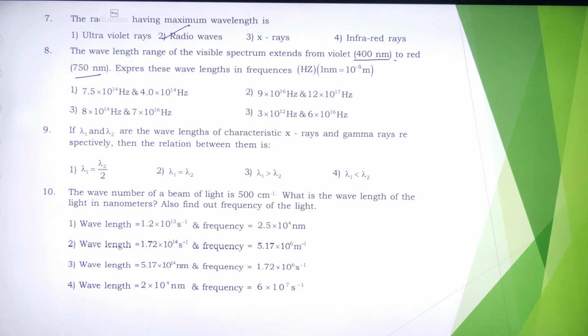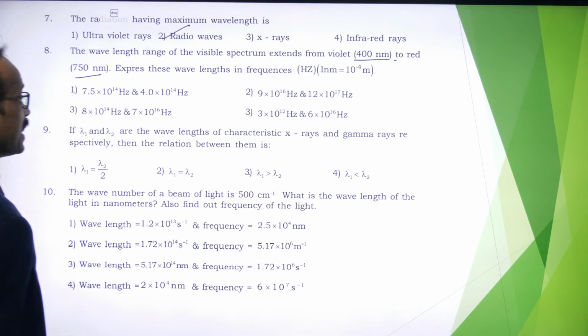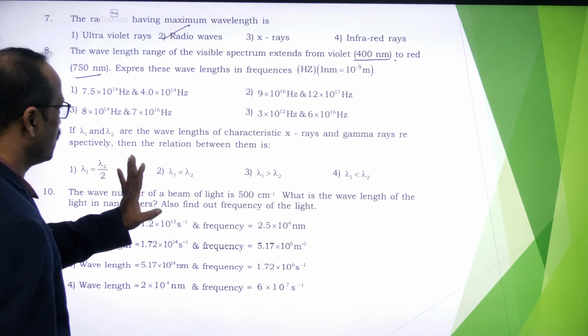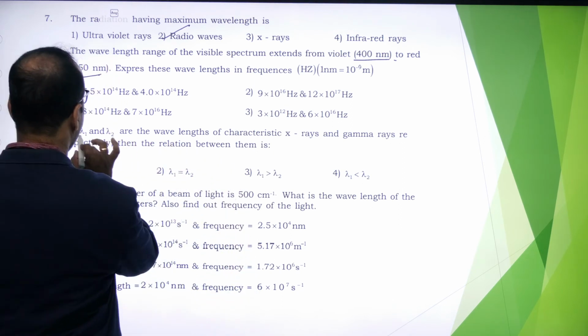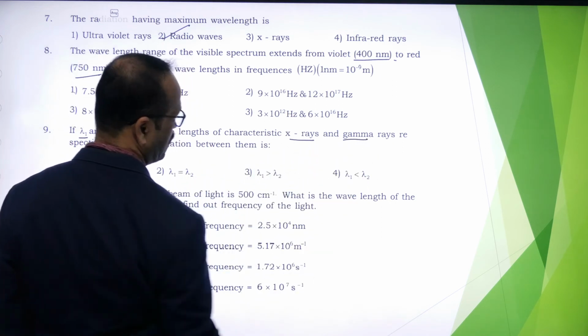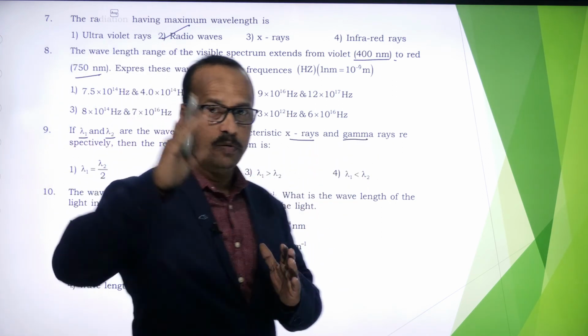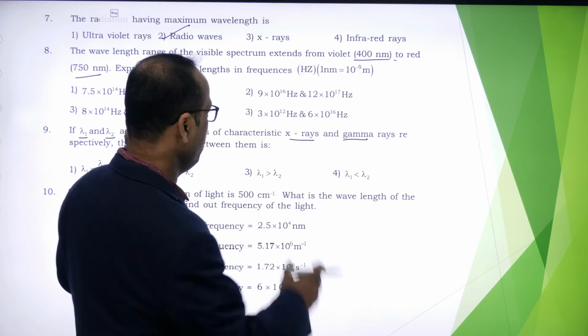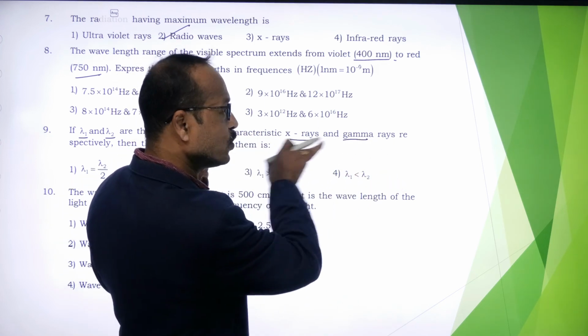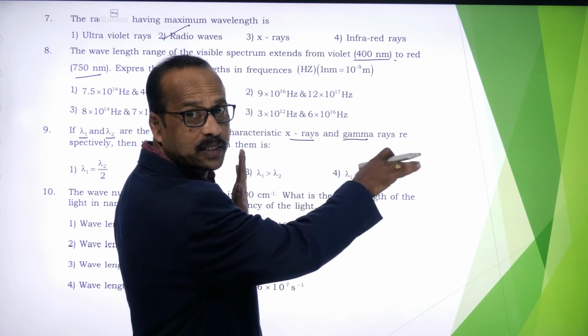And if lambda 1 and lambda 2 are the wavelengths of the characteristic X-rays and gamma rays respectively, then the relation between these two is. See students, lambda 1 is for X-rays, lambda 2 is gamma rays, right? Gamma rays will be on the left side, and after the gamma rays, X-rays will be there. As you move from left to right, the wavelength increases.